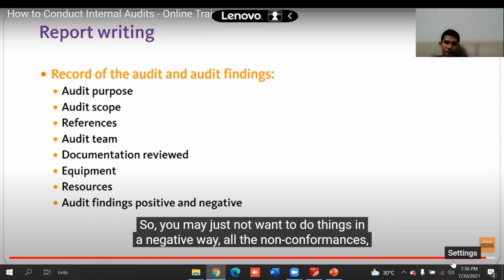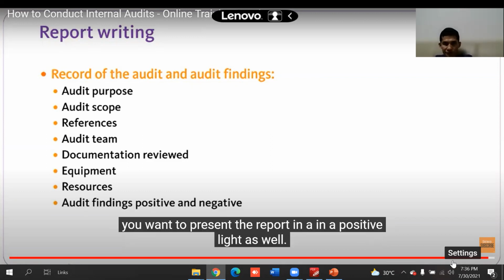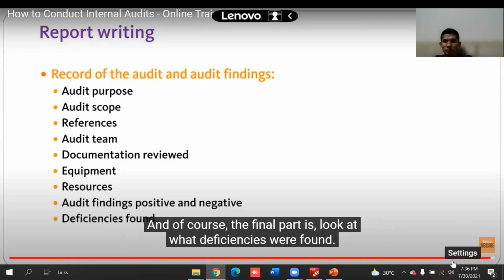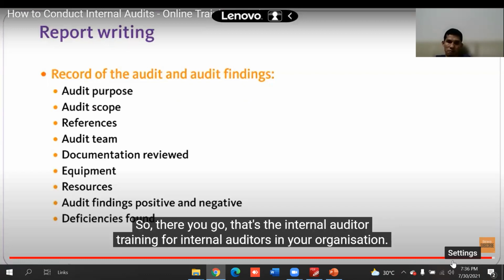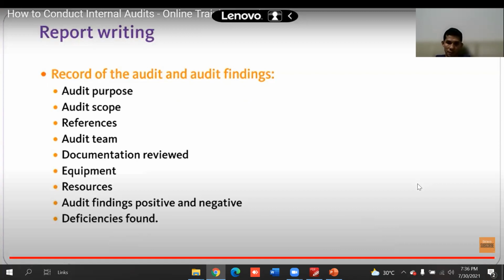So you may just not want to do things in a negative way, all the non-conformances. You want to present the report in a positive light as well. And of course, the final part is look at what deficiencies were found. So there you go. That's the internal auditor training for internal auditors in your organisation.